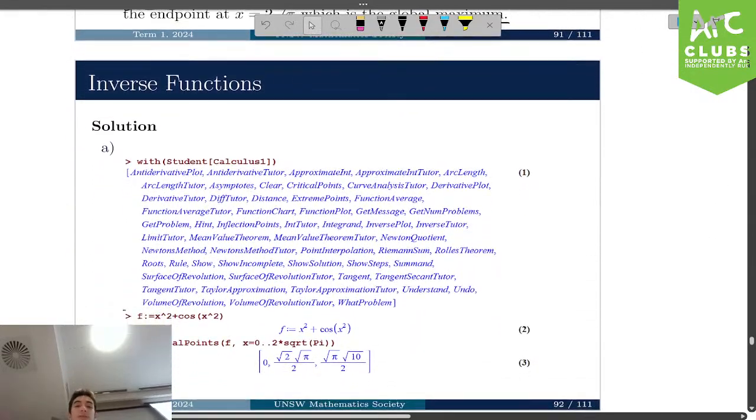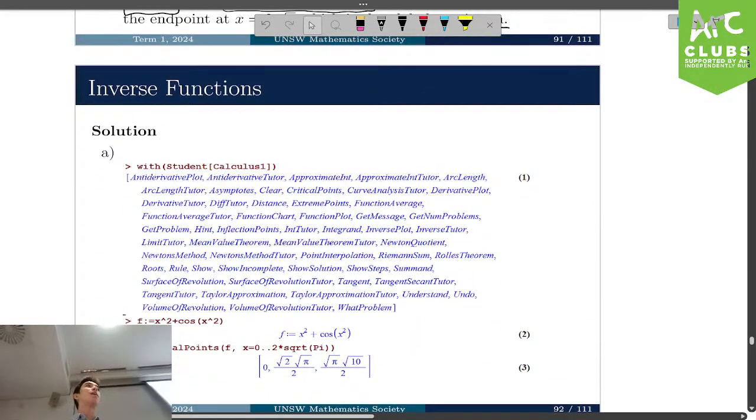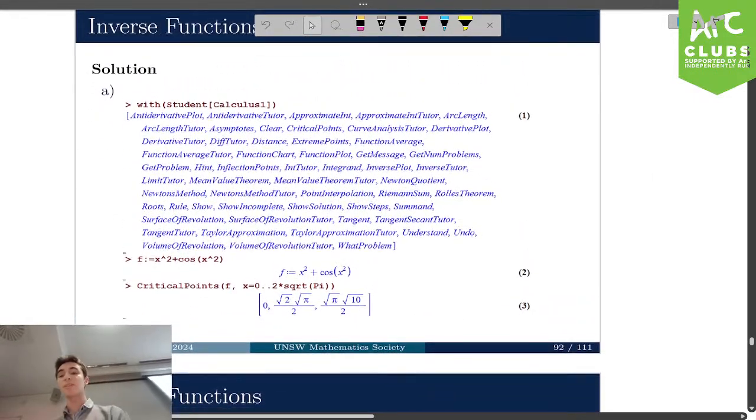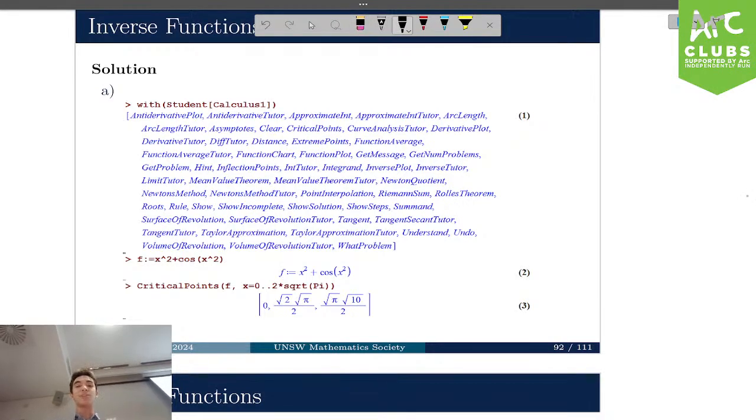An easy way to do this with Maple, right, is to use this package, right? If you type in this command with the student calculus 1, then it basically imports a bunch of these functions that it can do for you, right? And one of them is the function, where is it? Critical points. Very useful, right?